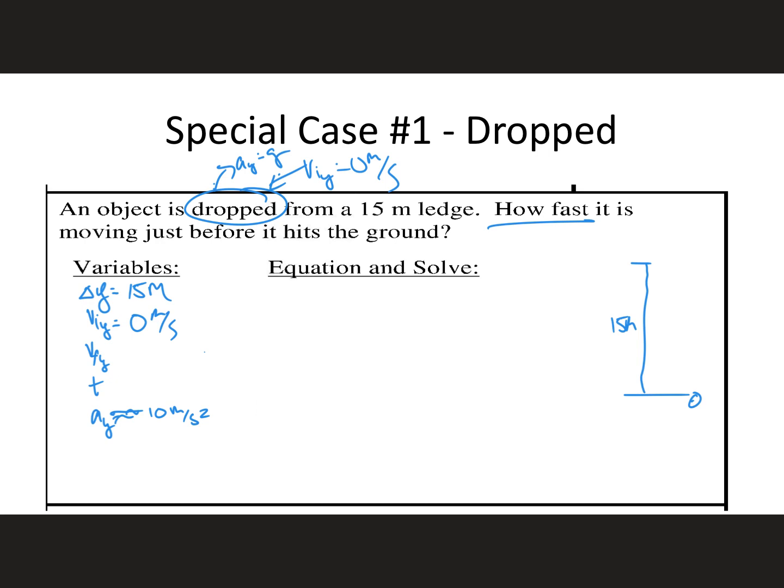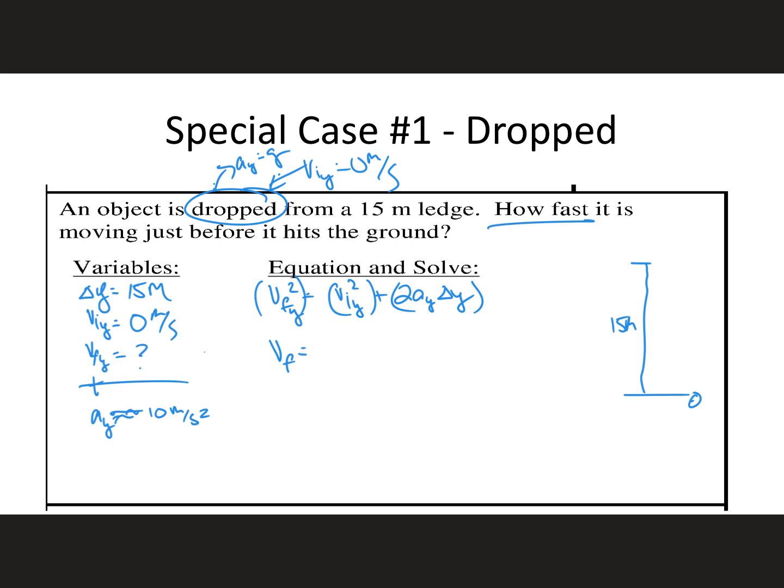We know how fast it's going just before it lands, because we have no t. So the only equation that doesn't have time in it is final velocity squared is equal to the initial velocity in the y direction squared plus double our acceleration in the y times displacement in the y. Okay. So in this case, to find our final velocity in the y, we just have to square root both sides.